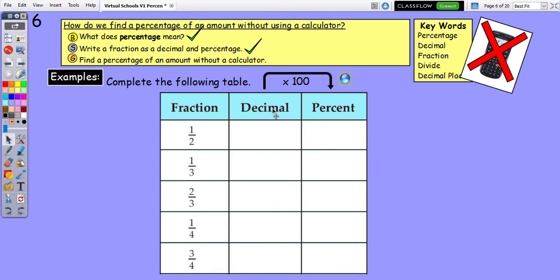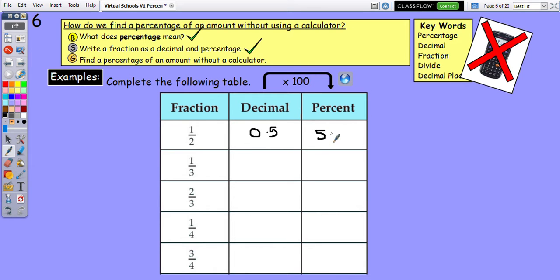In order to convert from a decimal to a percentage, I multiply by 100. If you're unsure as to why we do that, there is a link here to a video that explains it. Essentially if I was to write 0.5 there, because a half is 0.5, in order to convert that to a percentage, I multiply by 100.